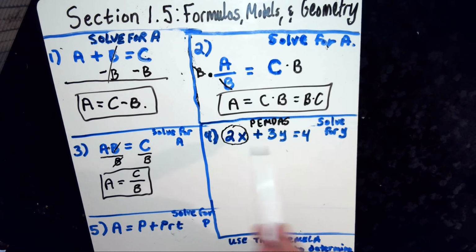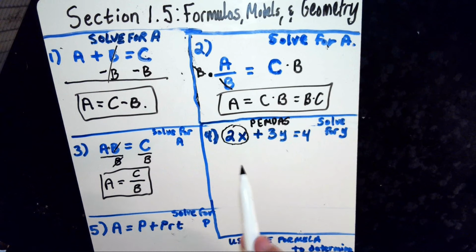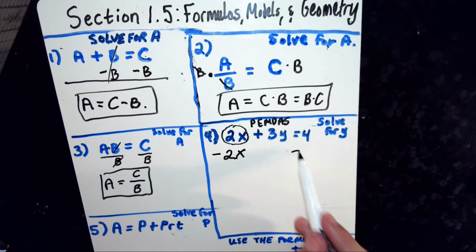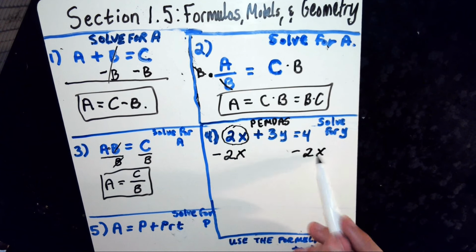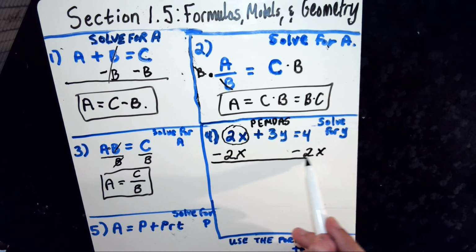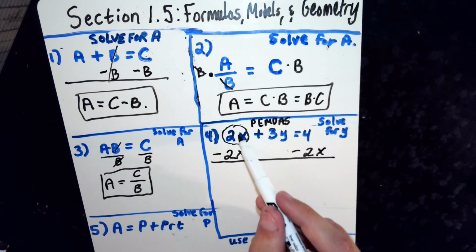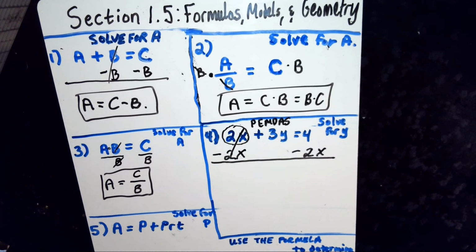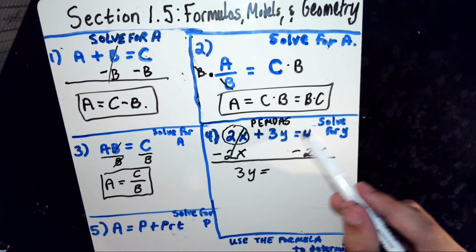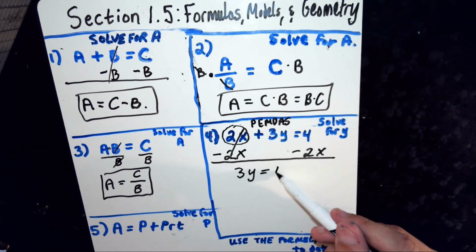These two terms are connected through addition, right? This is positive 2x plus 3y. So to cancel out 2x, we'll subtract 2x from both sides of the equation. Upon doing that, the 2x's cancel. We bring down the 3y. And over here on this side, we have 4 minus 2x.